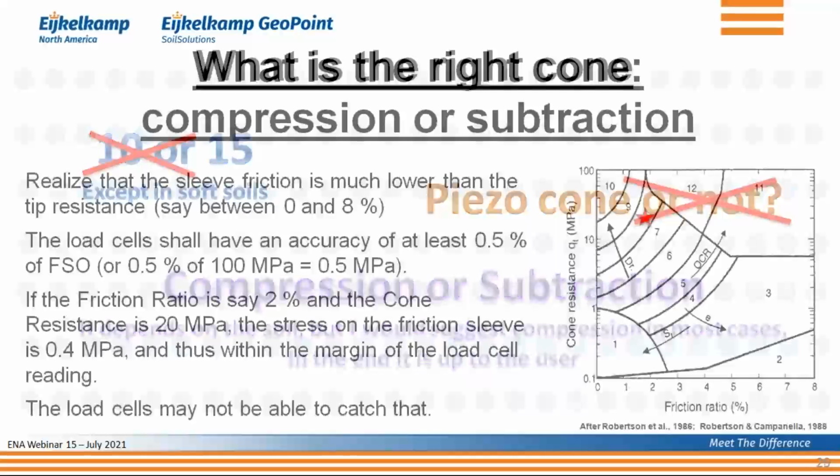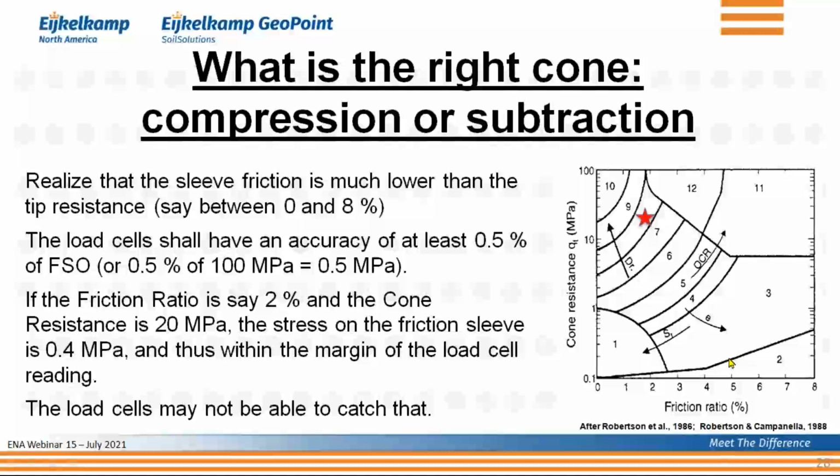Because if you had, well, let's go back to this one, if instead of a 2%, you had a 5 or 6%, somewhere more in this part of the chart, then obviously this issue is no longer a major issue.